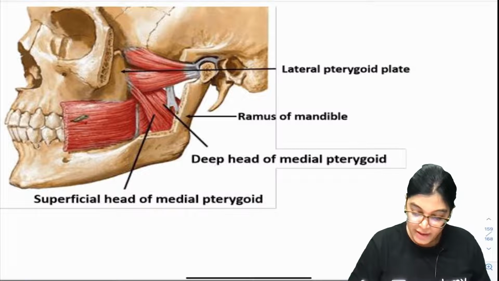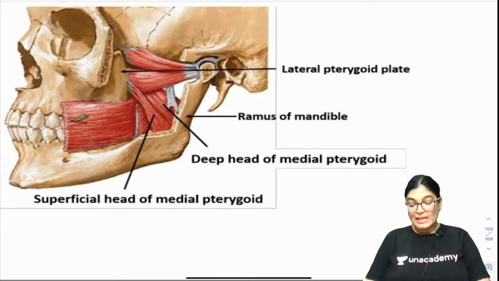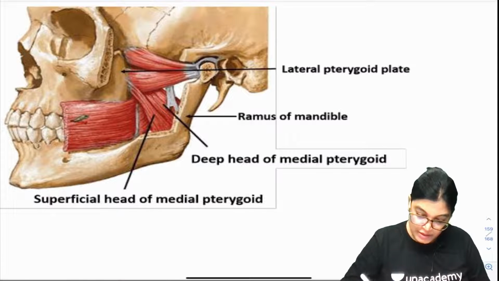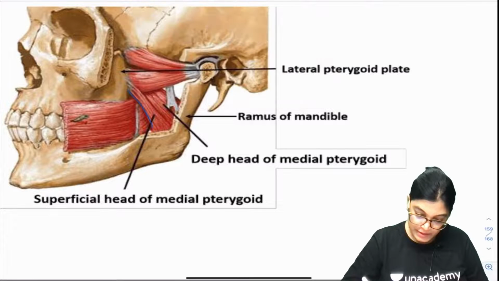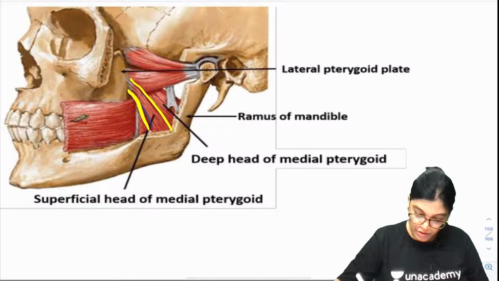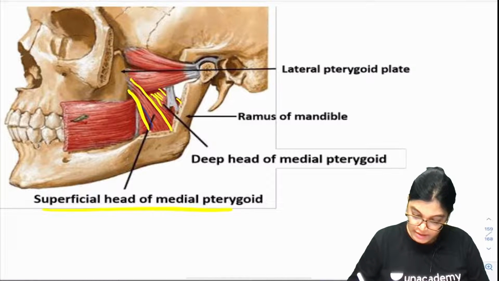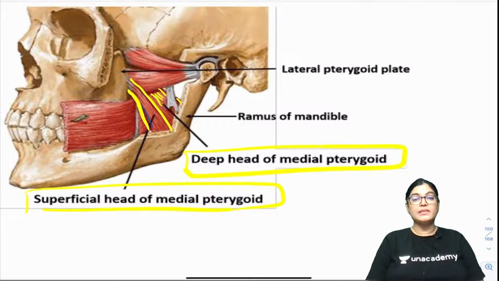The medial pterygoid muscle again has two heads of origin: one is the deep head and the other is the superficial head. This part which you are seeing is part of the superficial head, and the few fibers you are seeing here are the deep head. So two heads can be seen.